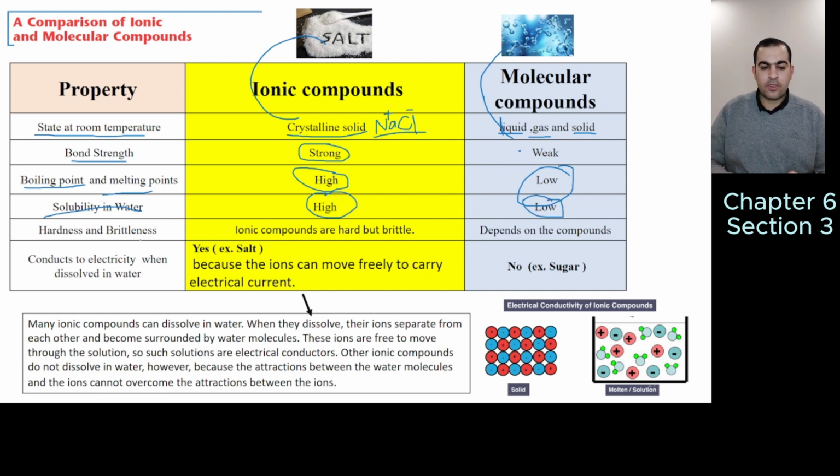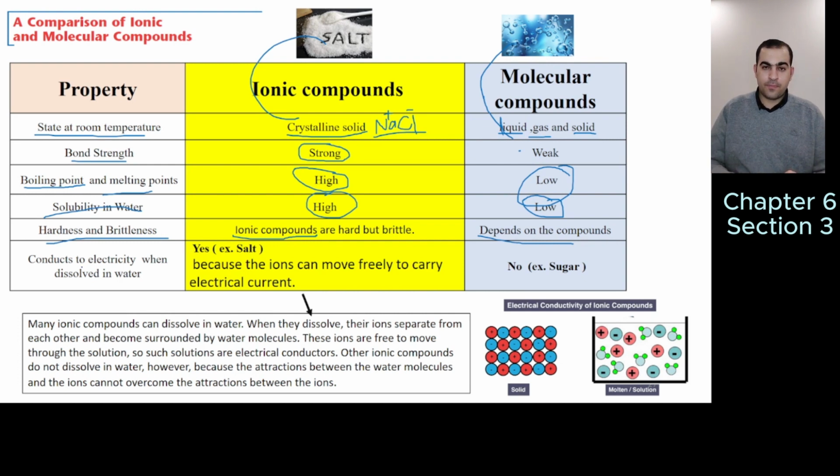And hardness and brittleness. Actually ionic compounds are hard, but if you try to hit it or bend it, it breaks easily, so they are hard but brittle. But molecular compounds depend on the type of compound.